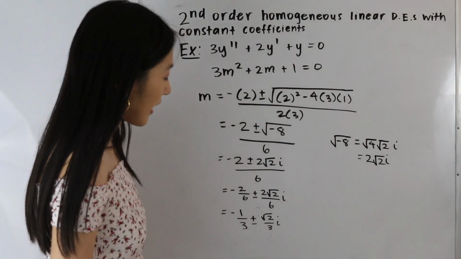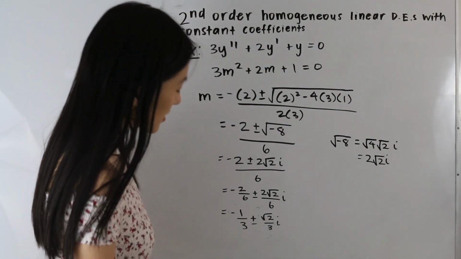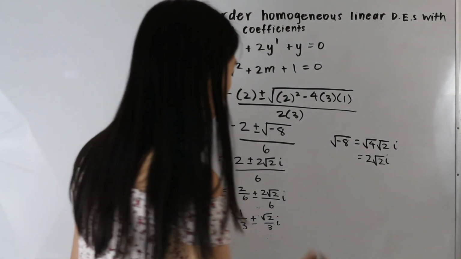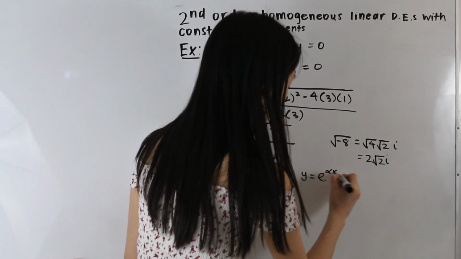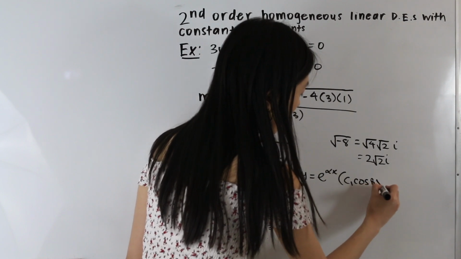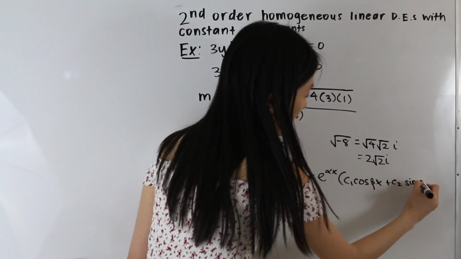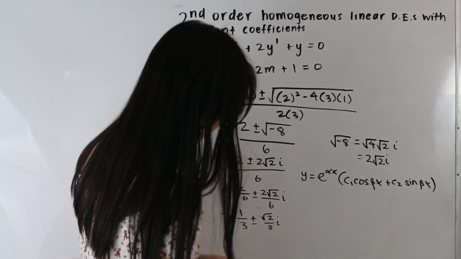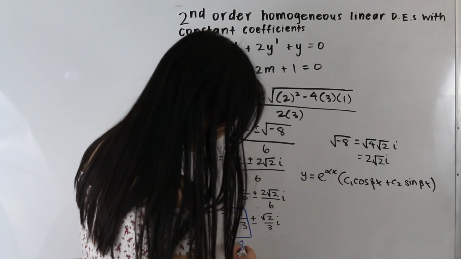So we have a case 3 situation here. We have complex roots. So in this case here, our solution is going to have the form y is equal to e to the alpha x times c1 cosine of beta x plus c2 sine of beta x. And so remember that alpha is the real part of our solution, so that is the negative 1/3 in this case here.